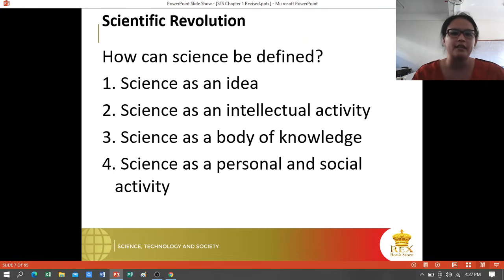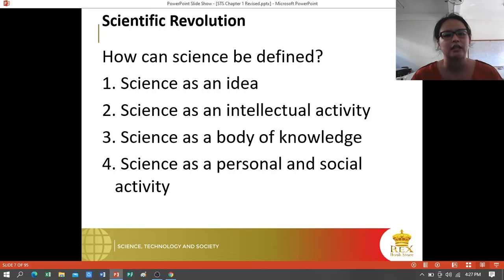First, in the scientific revolution, we must define what science is. We all know that science is a body of knowledge based on natural phenomena or facts. That is pure science. Now, what is science when you apply society or the social sciences to it? There are many definitions of science when we put society in it.